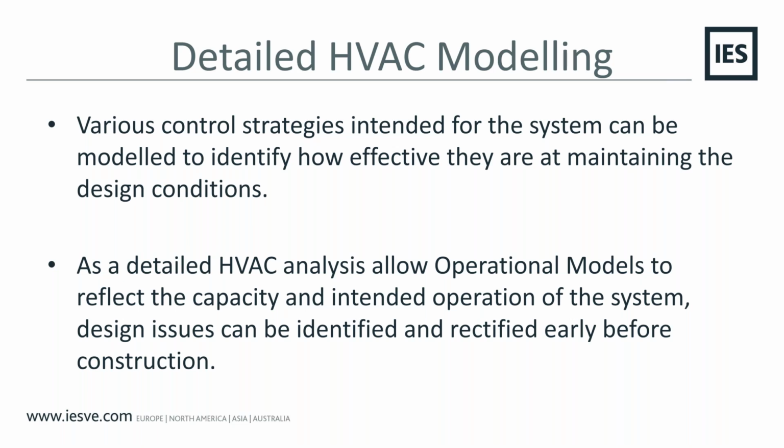When using a simple approach to modeling systems, it can be easy to overlook important factors. If a simple approach were used to compare, say, a fan coil system against a chilled beam solution, then the chilled beam would likely come out on top, simply because the chilled beam doesn't have the terminal fan, thus it will consume less energy than the fan coil unit that does have a fan.